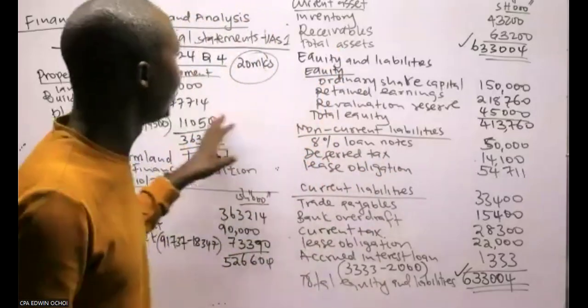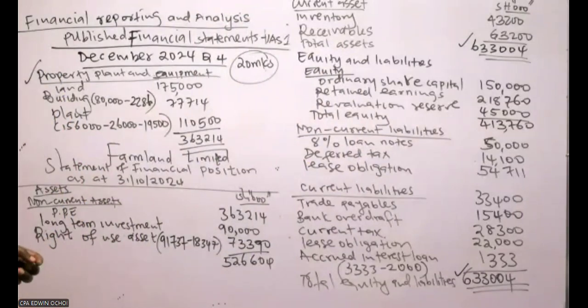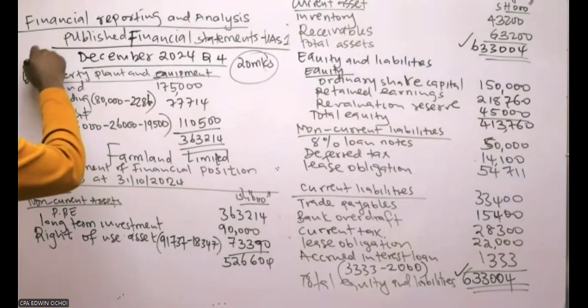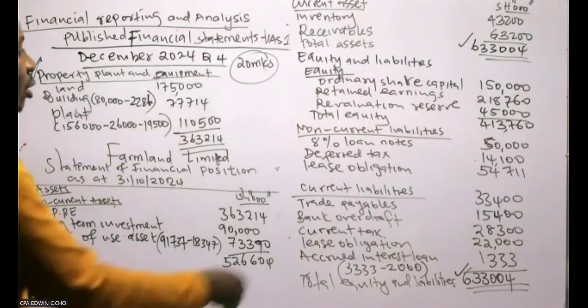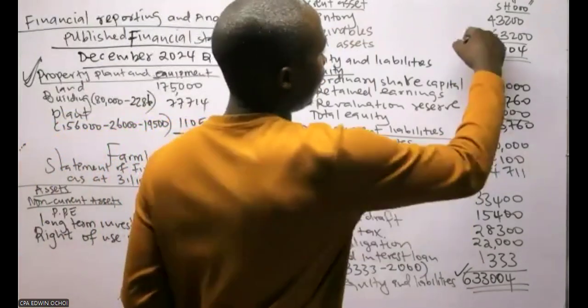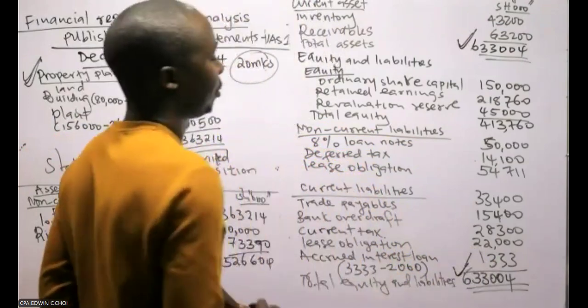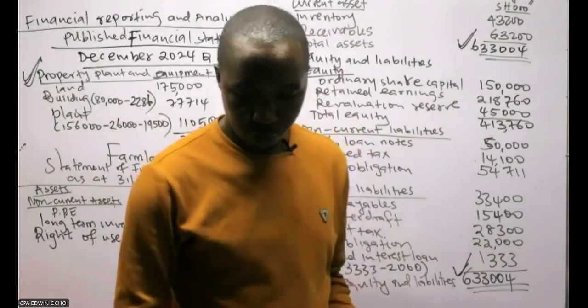Then when doing the statement of financial position, for the property, plant, and equipment, you have to do it first. Then you go ahead to do your statement. So that is it for today. We meet next time when I will be doing another question.